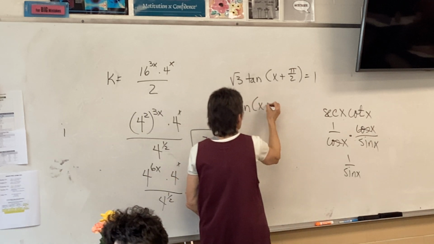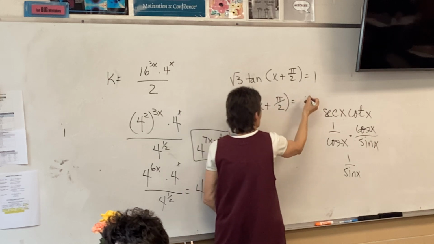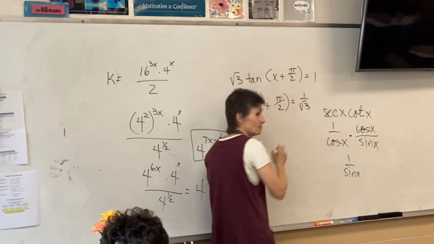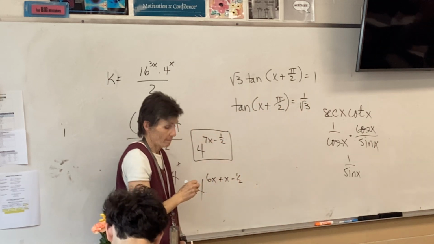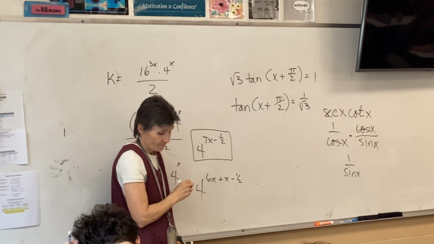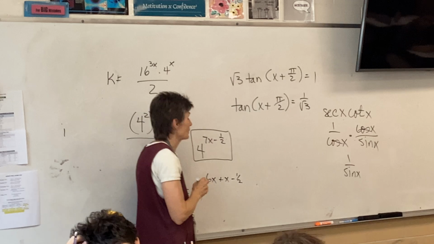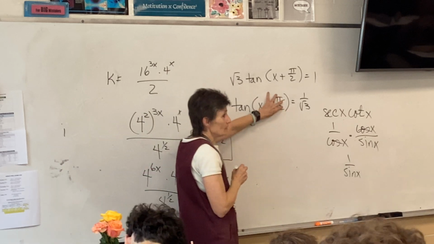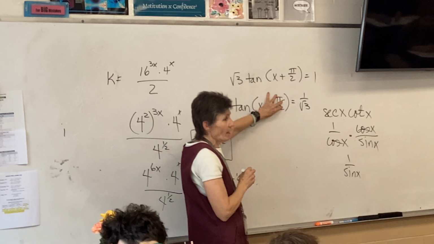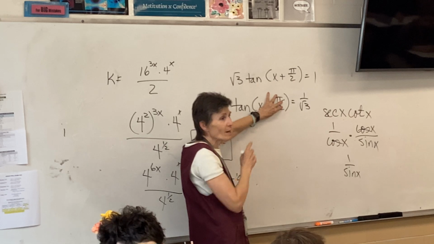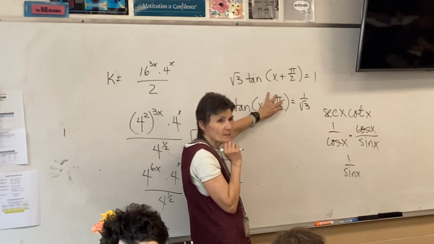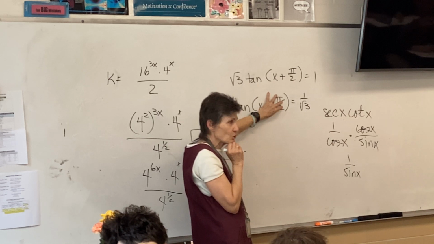So the tangent equals 1 over root 3. The tangent of what is 1 over root 3? Where is 1 over root 3 on your unit circle for a tangent value?